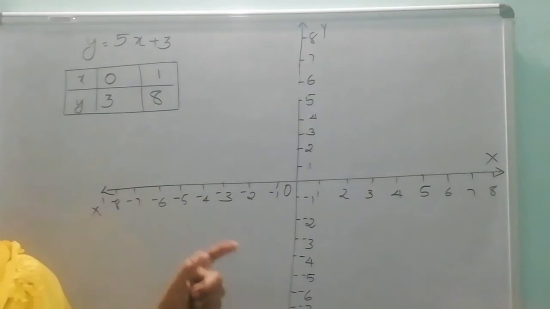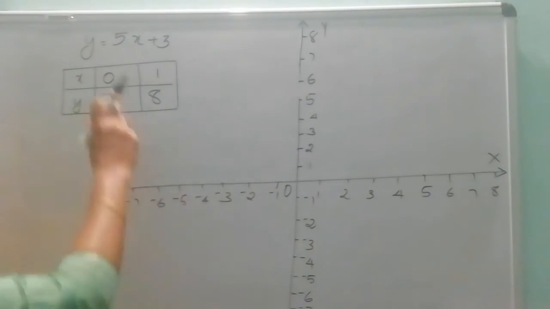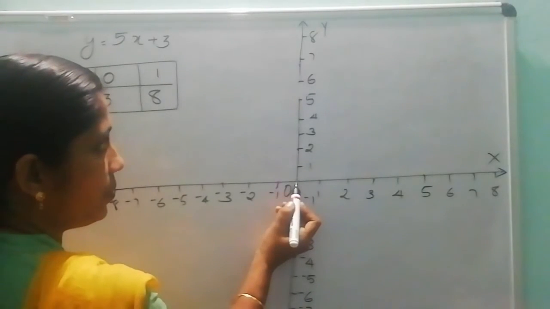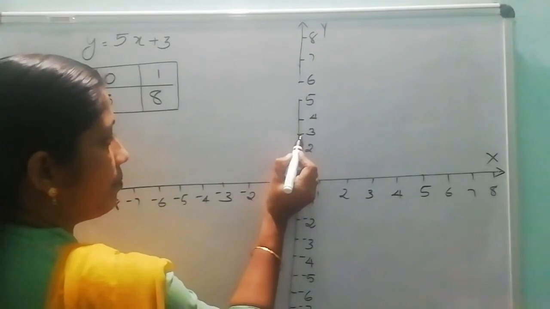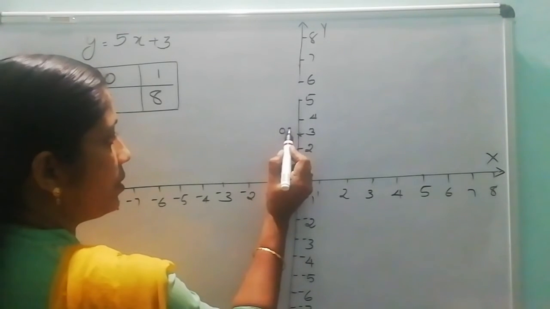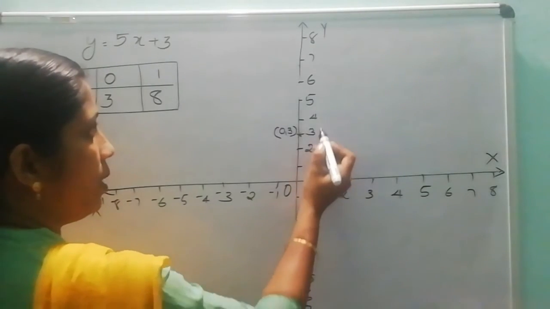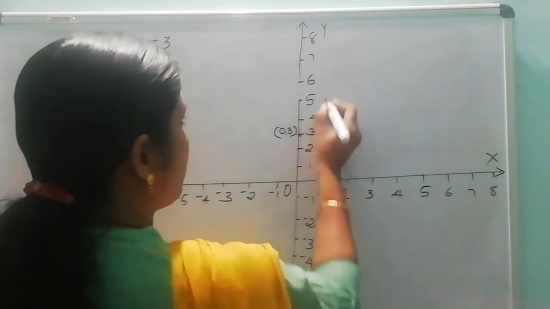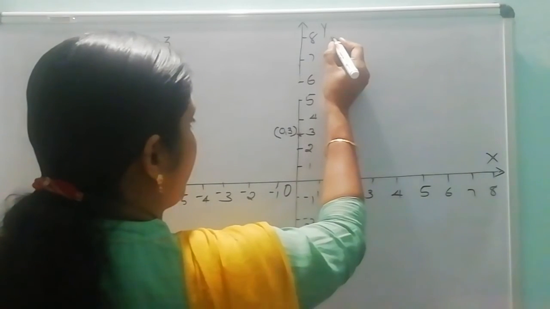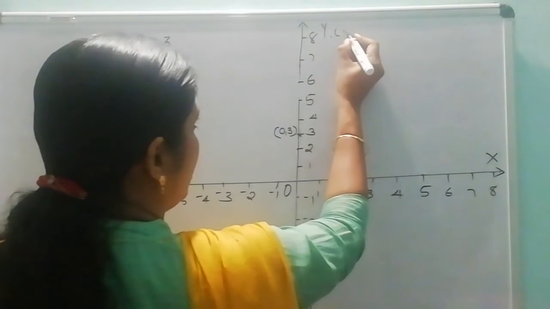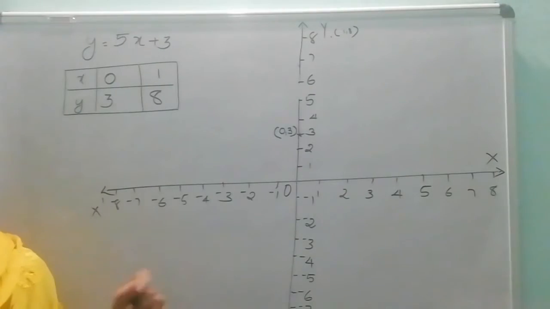Then we mark the points on the graph. You have to do this question on graph paper only. The first point is (0, 3), where x is 0 and y is 3. The next point is (1, 8), where x is 1 and y is 8. Then draw the graph.